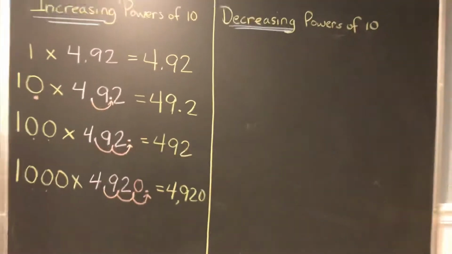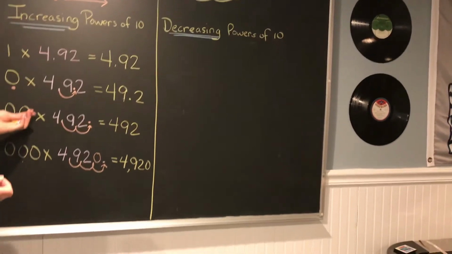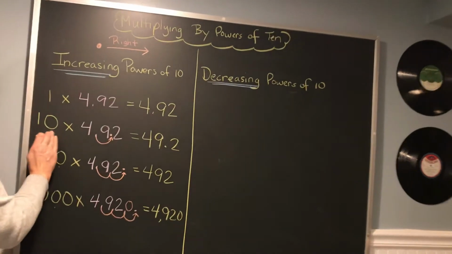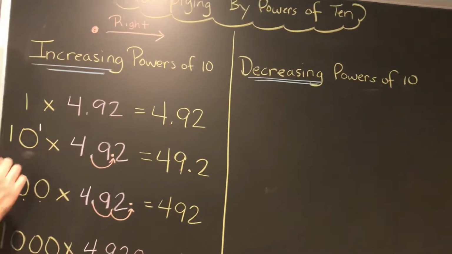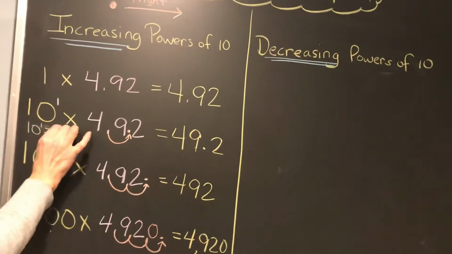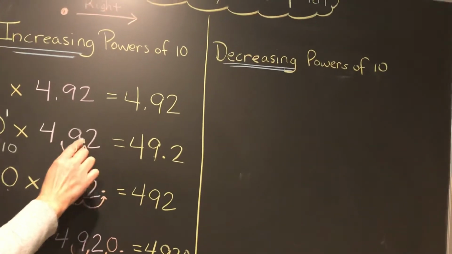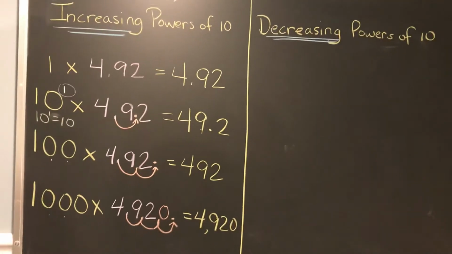The only other thing to remember, which is really important, is that these could have been written with exponents instead of just the whole number. So this could have been 10 to the first power. That is the same exact thing as 10. You would have gotten the same answer. Your decimal point would have traveled 1 place to the right. Your exponent is 1.